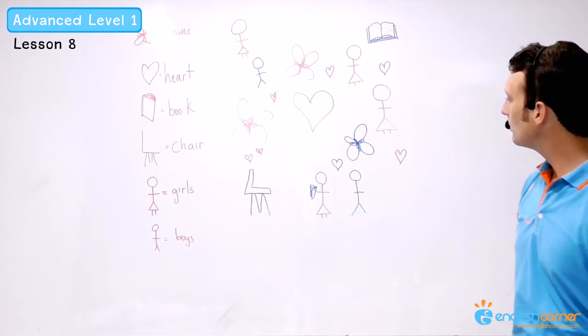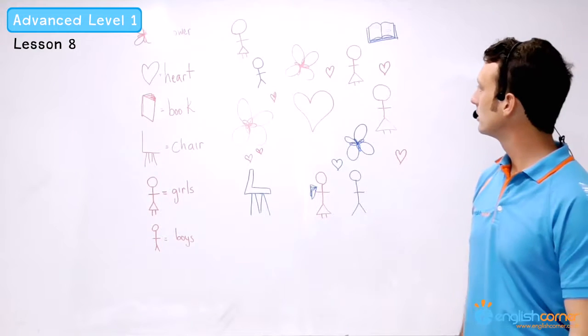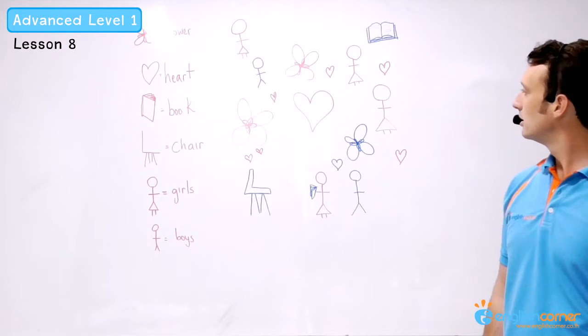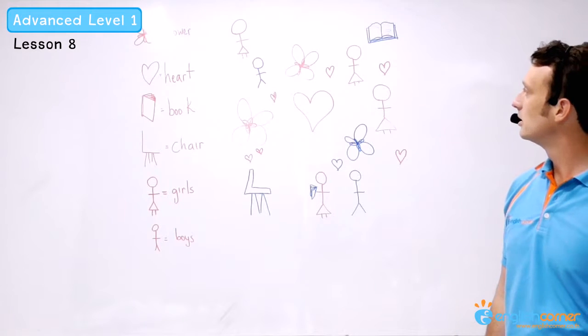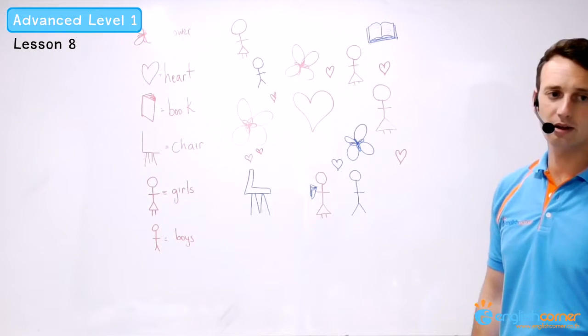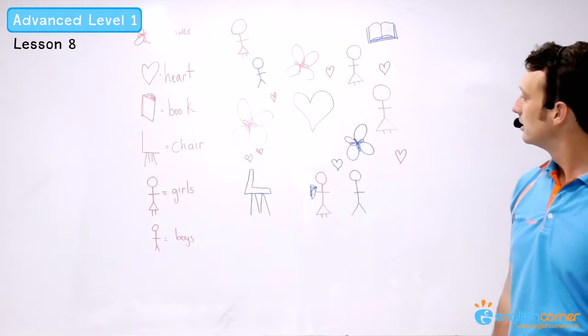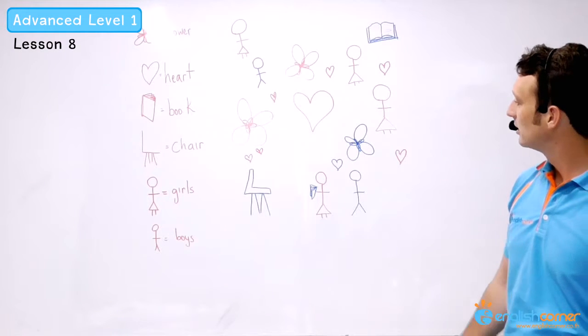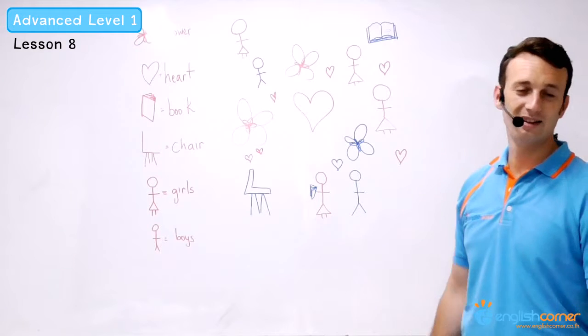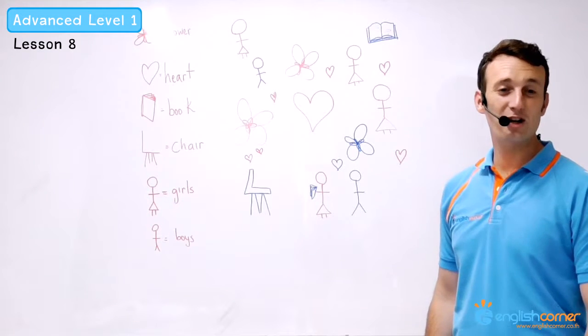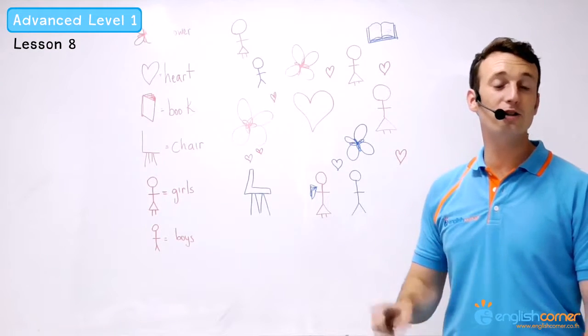Very good. How many girls are there? 4. How many books are there? 1, 2. Very good. So, there are 2 books.